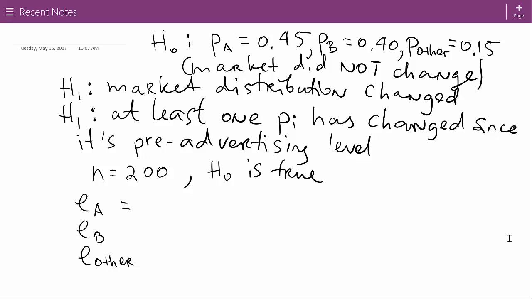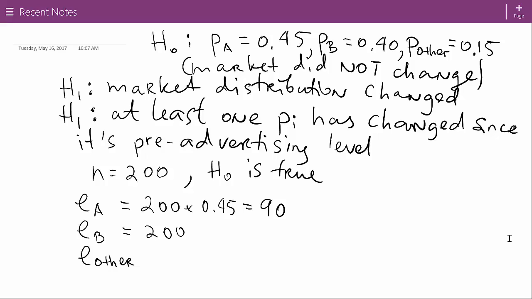All right, so 200 people I surveyed, right? True or false? If null is true, then 45% of these 200 people should say they like company A. That is true, right? So 200 times 45%, that gives you 90, right? So if null is true, 90 of my data points should read these people like company A. I'm going to do similar stuff for company B and company other.